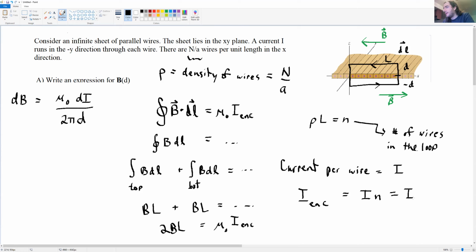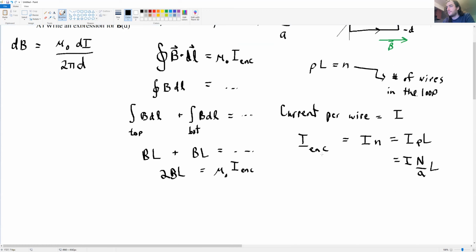So little n is rho times L, and rho times L is n over A times L. Well, that is much easier than what I was thinking about. Okay, so the enclosed current then is I n L over A.